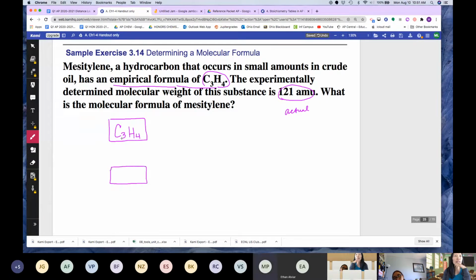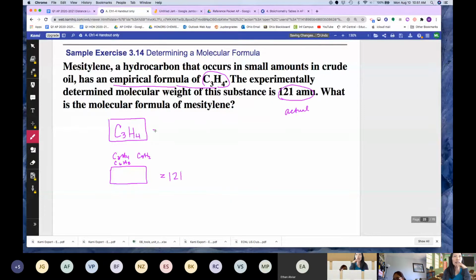The actual substance can be C3H4, or you can double it, C6H8, or triple it, C9H12. We don't know. But they gave you the mass. So the mass of this is equal to 121 atomic mass units.